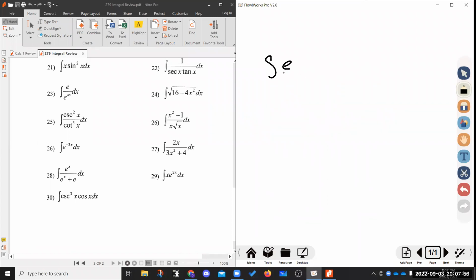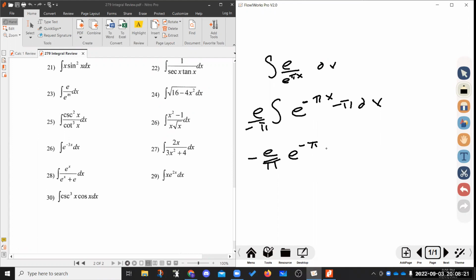Integral of e over e to the pi x dx. E is a constant that comes out. We have e to the negative pi x dx. We're going to multiply inside by negative pi and divide by negative pi on the outside. So this is negative e over pi, e to the u du, e to the negative pi x plus c.